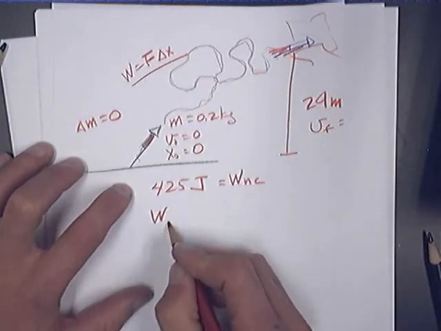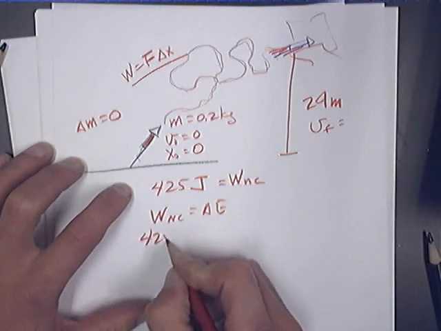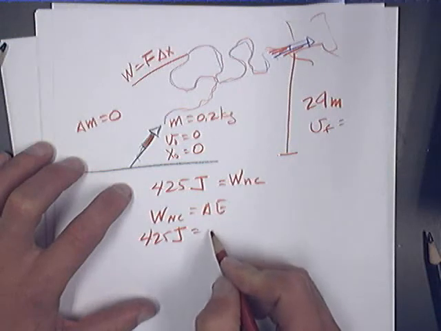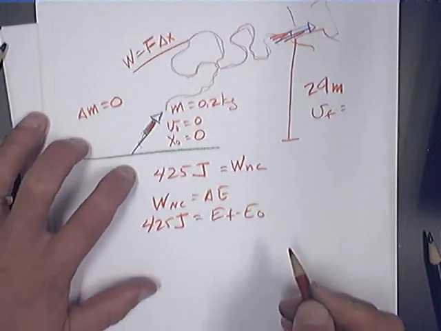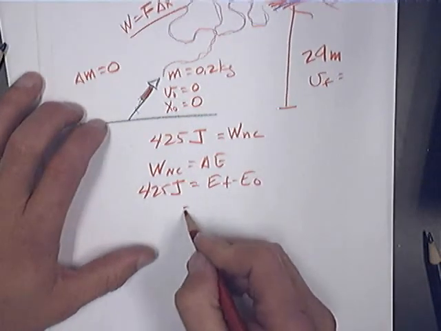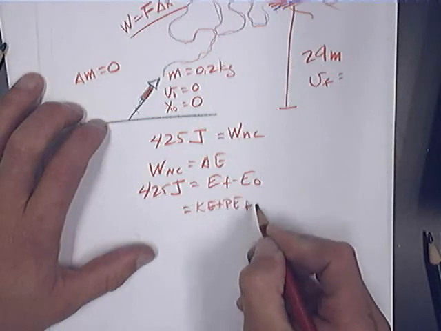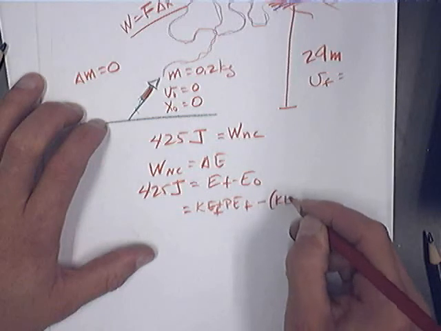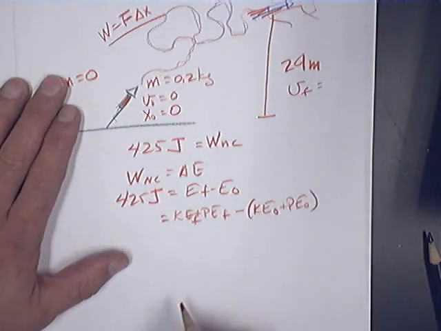So again, non-conservative work causes changes in energy. So I've got 425 joules, and that's got to equal my change in energy, which is my energy final minus energy initial. So what do I got? The energy final is the kinetic energy final plus the potential energy final, minus the kinetic energy initial plus the potential energy initial.